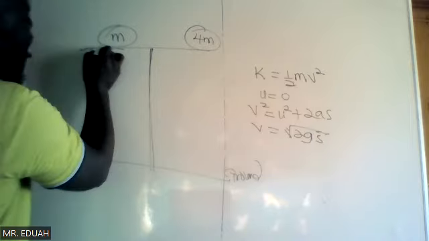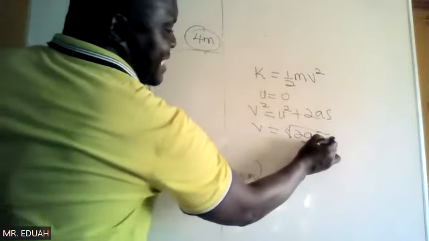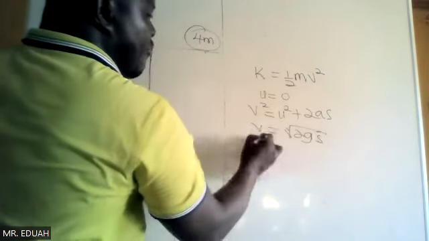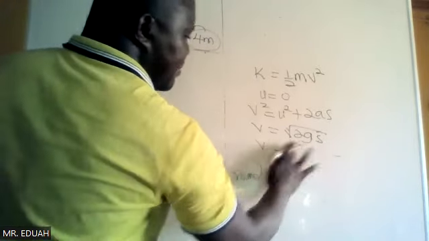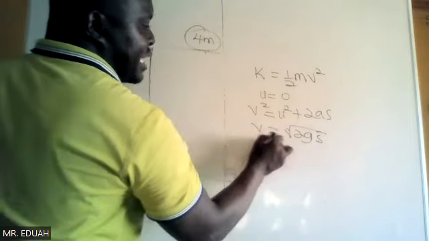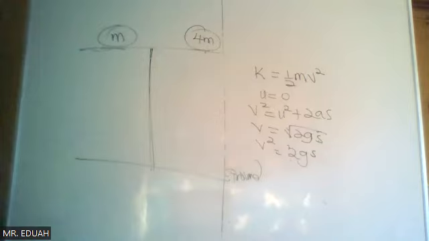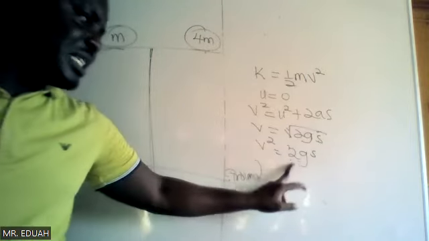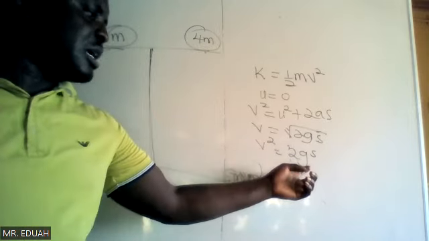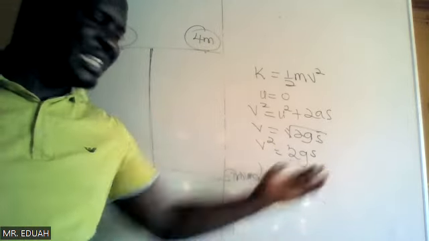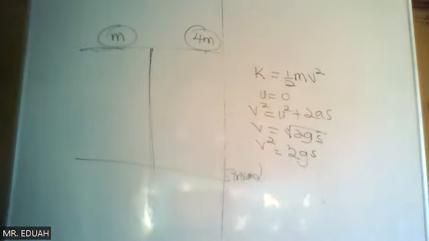Now, they are all dropped from the same height, the tower. So S is the same for each one of them. So for V1, V squared is actually 2gS. And the velocity will be the same for all of them because this velocity depends on acceleration due to gravity and the height, and they are all falling from the same height. So V will be the same for all of them.